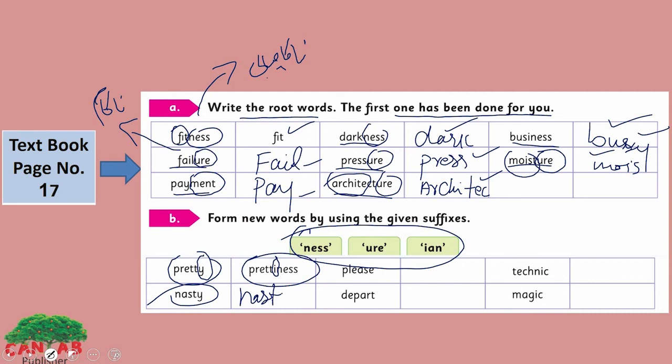Again, we are adding the ness here, so we have to change Y into I, nastiness. Please becomes pleasure. Depart becomes departure. Technique becomes what? Technician. Yes. And magic becomes magician here. Good.